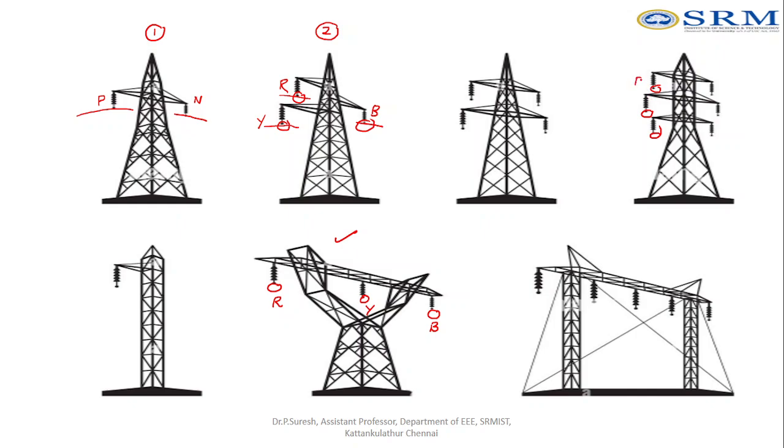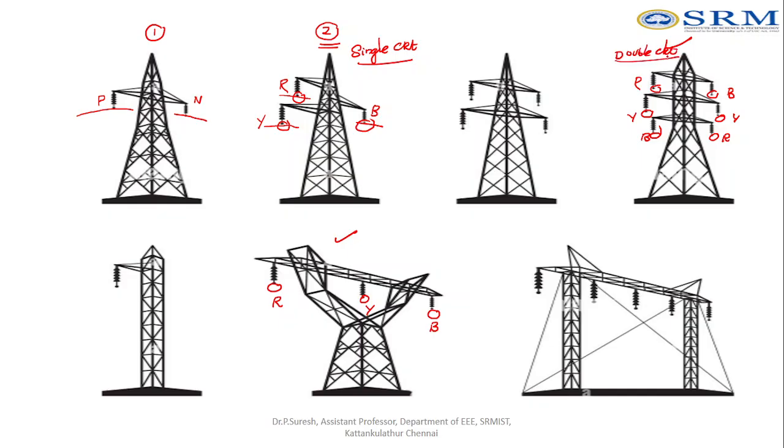Again on the right side you can see three conductors can be placed, R, Y, B. This type of arrangement is called a three-phase single circuit. And this type of arrangement is called a double circuit.